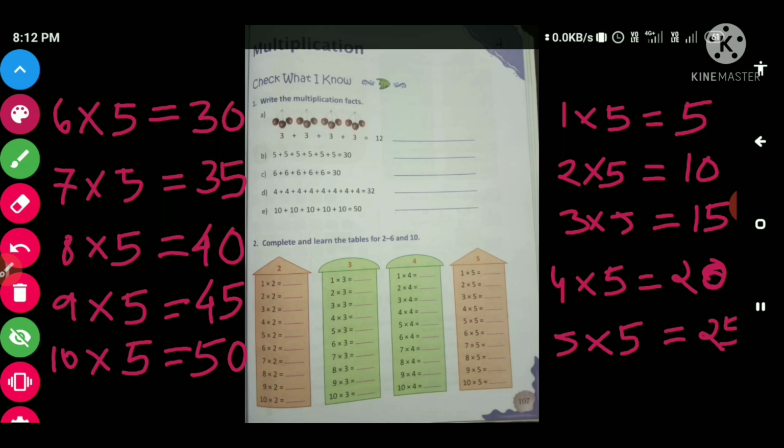This is the table of 5. This one also you have to write in your book, and also you have to learn this table.